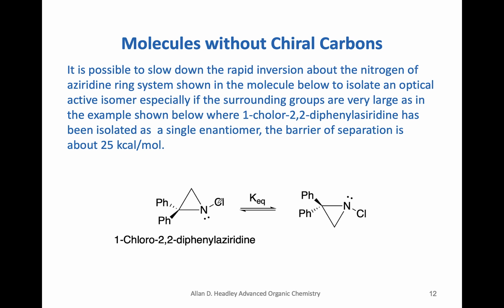But as you can see, it has 1, 2, 3 different groups bonded to it, and a pair of electrons here. So there is an equilibrium where there's rapid inversion, but because there is a 25 kilocalorie per mole barrier, it's possible to isolate these as enantiomers, typically at low temperatures. So these molecules are in fact optically active, or another term for that is they are in fact asymmetric.